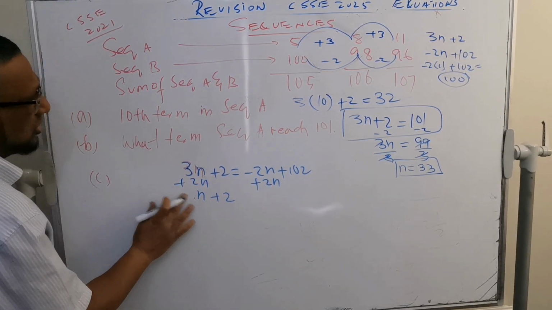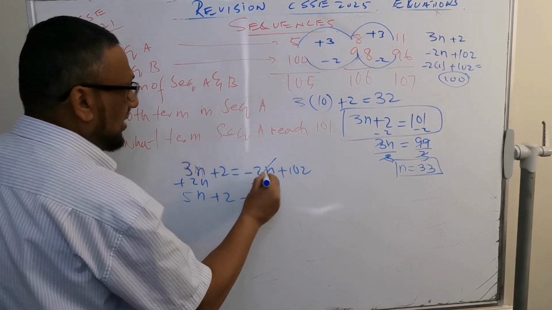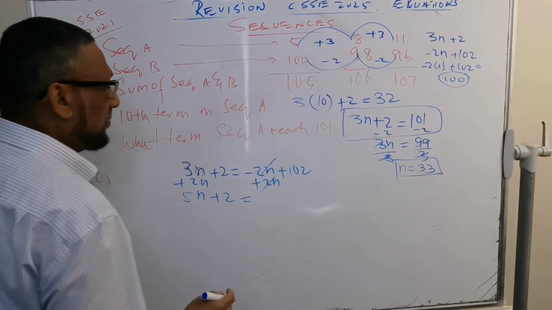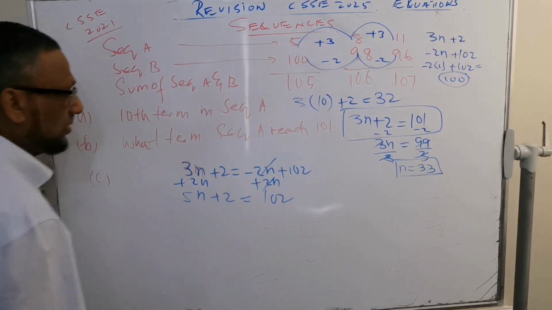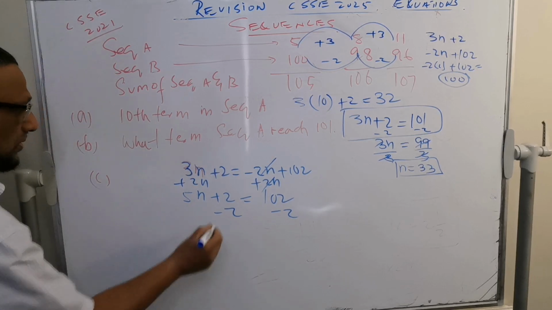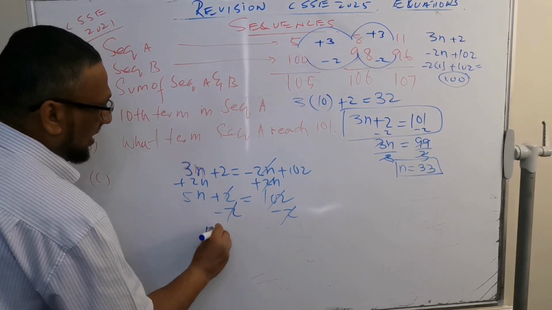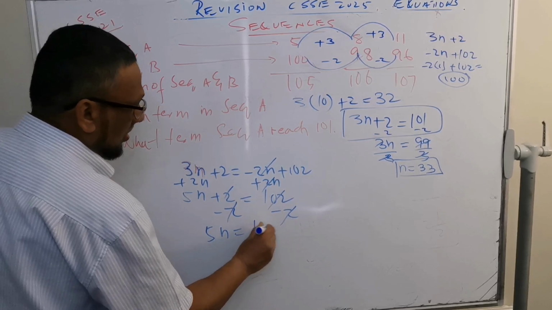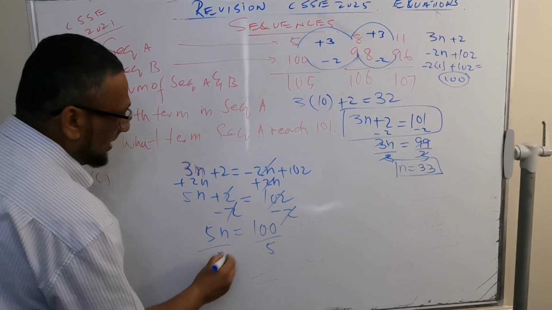So it means it's going to be 5n plus 2 equal to, minus 2n and plus 2n cancel, equal to 102. And now you need to subtract 2 from both sides. So you will get 5n equal to 100 and you divide by 5 on both sides.